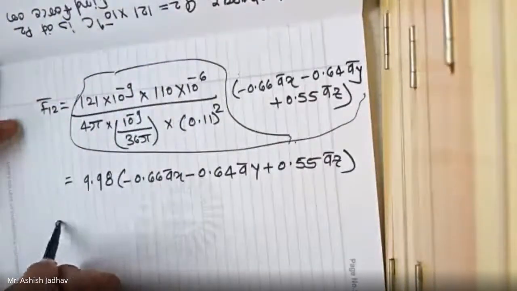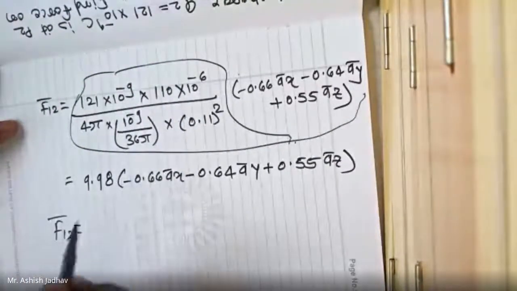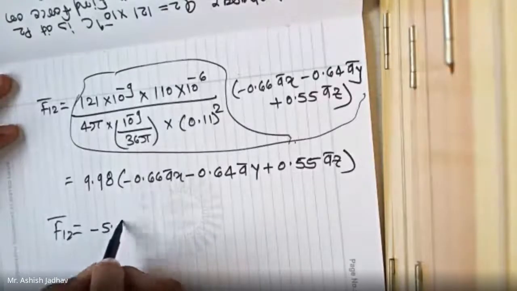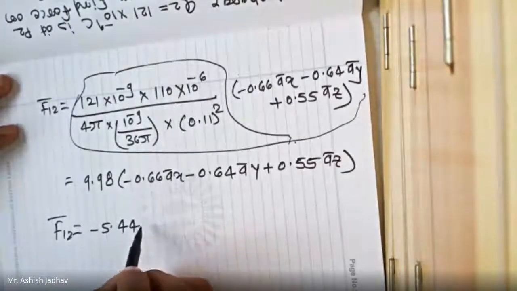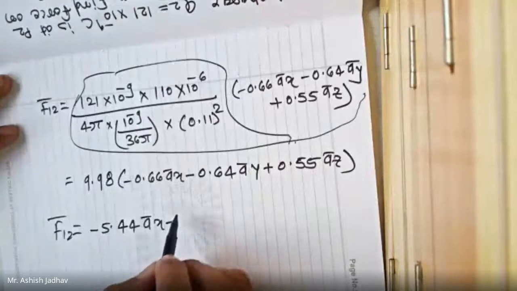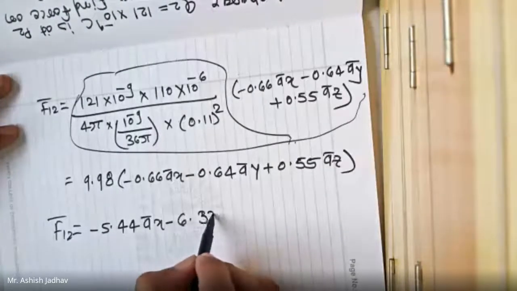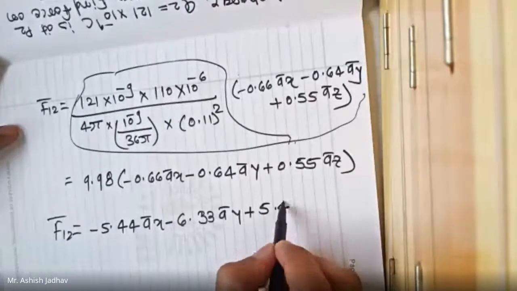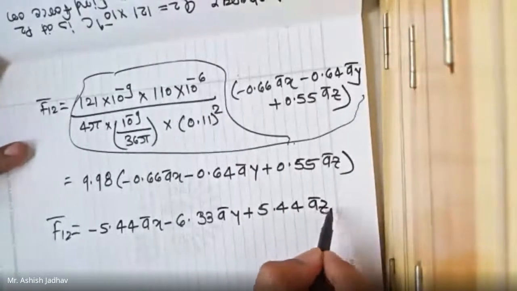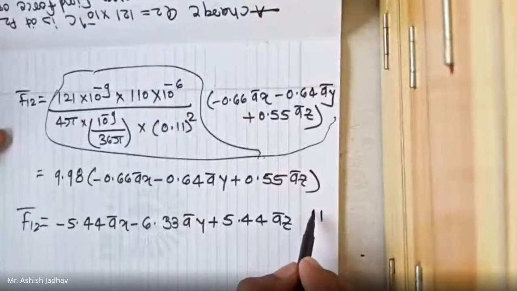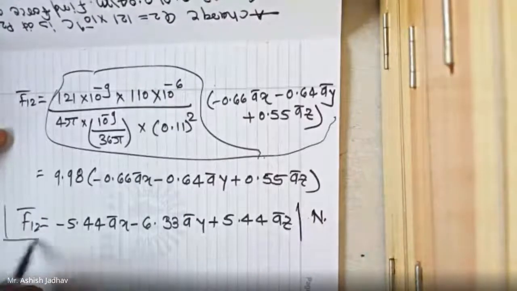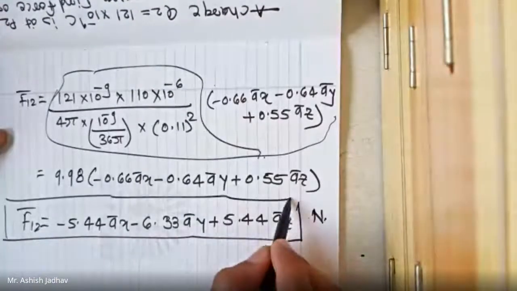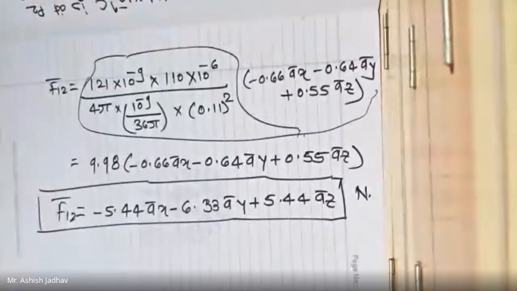So this force F12 is equal to minus 5.44 a bar x minus 6.33 a bar y plus 5.44 a bar z. Unit is Newton.